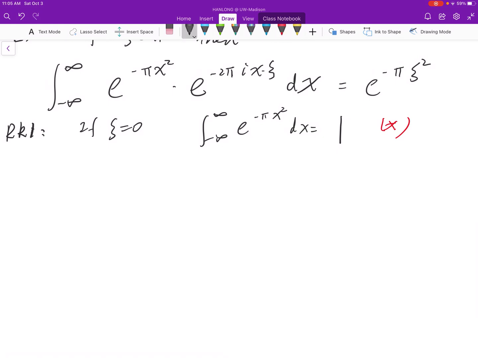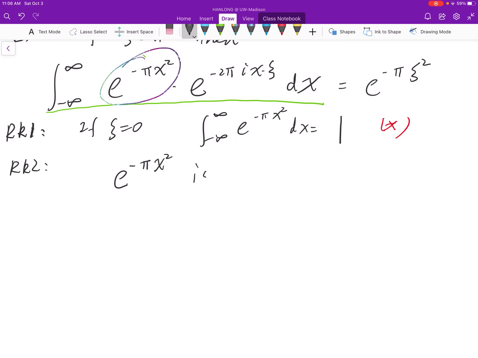Secondly, later on when we learn Fourier analysis, we will know what this tells you. The left-hand side is the Fourier transformation of exponential negative pi x squared. So exponential negative pi x squared is its own Fourier transformation.